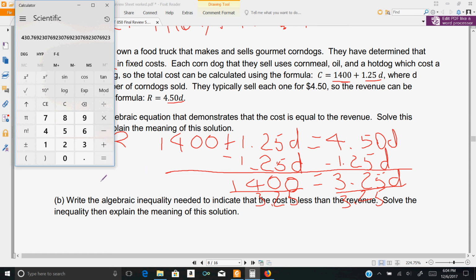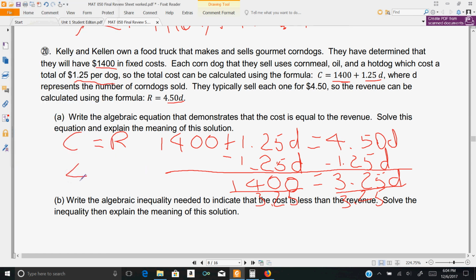So over here I will write corn dogs, and if I had more room, and you should have more room, you want to write that this means this is the number of corn dogs that they need to sell so that they make enough money to pay their costs.